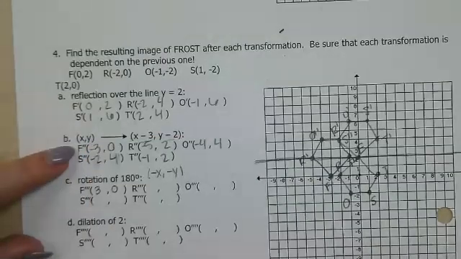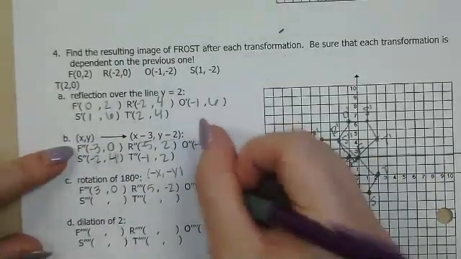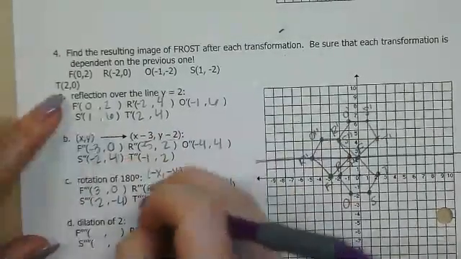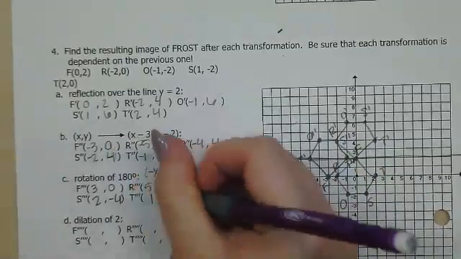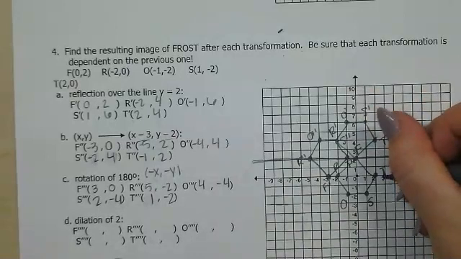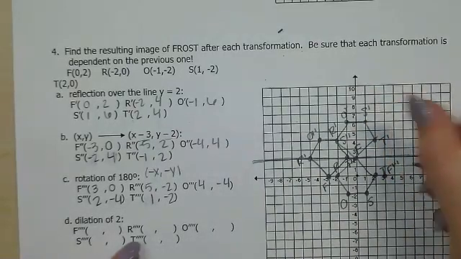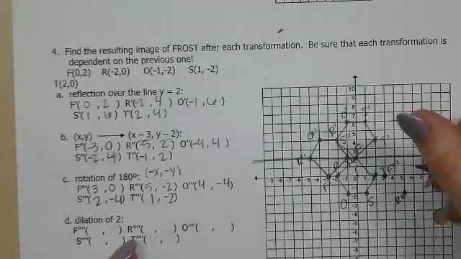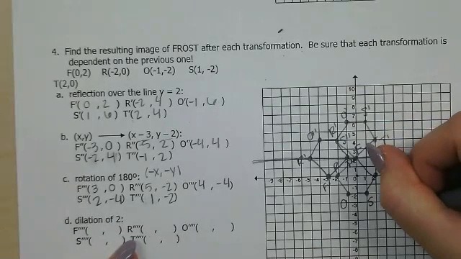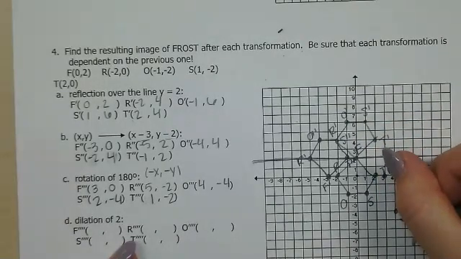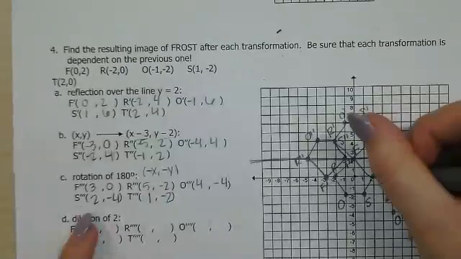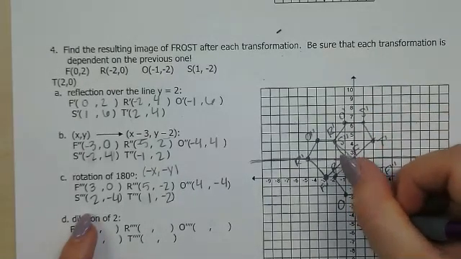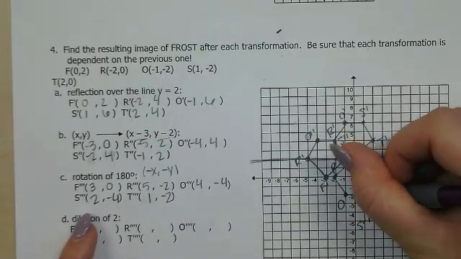So now it's going to be +3 0, +5 -2, +4 -4, +2 -4, and +1 -2. So 3 0, 5 -2, +4 -4, +2 -4, and +1 -2.